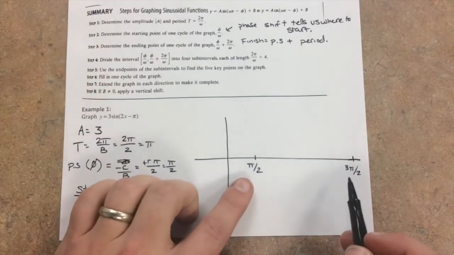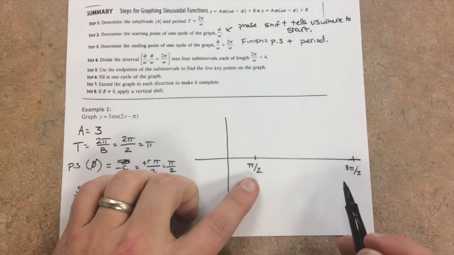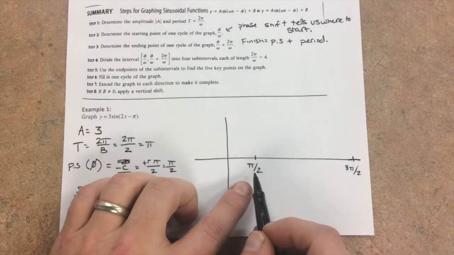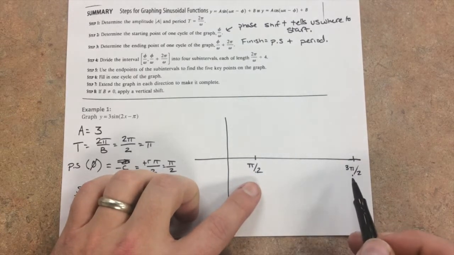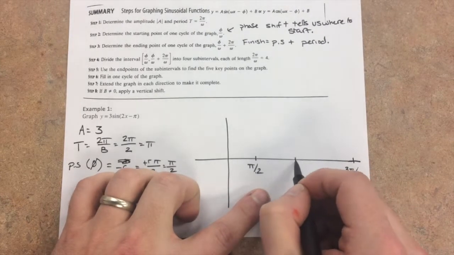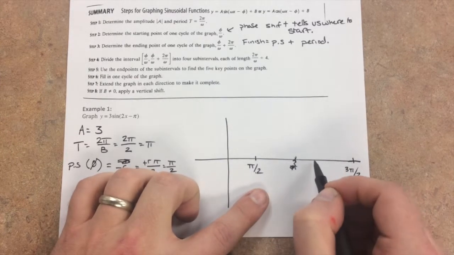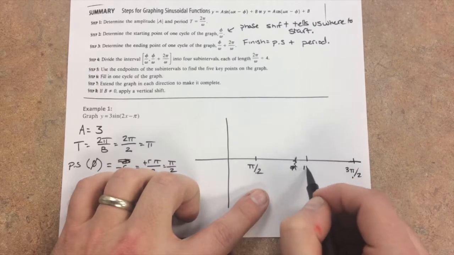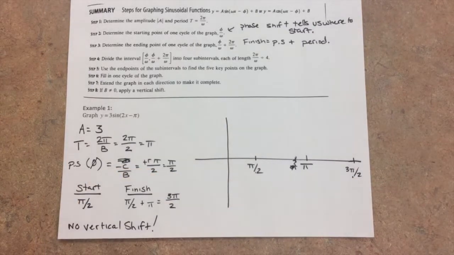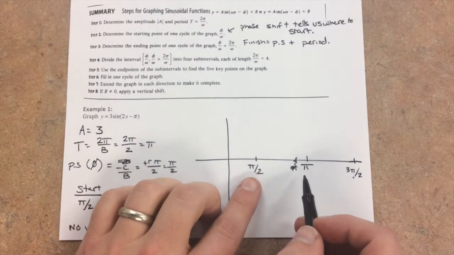So how do you find the halfway point between these? Well, how do you find the average between two things? Add them up, divide by 2. So pi over 2 plus 3 pi over 2 is 4 pi over 2, or 2 pi. Cut it in half, we get pi. Now I want to find the average between pi over 2 and pi.